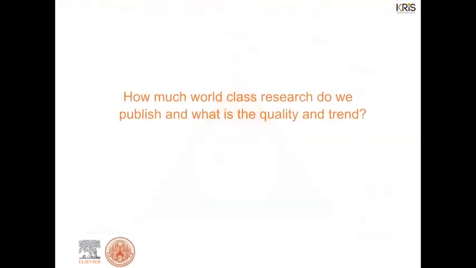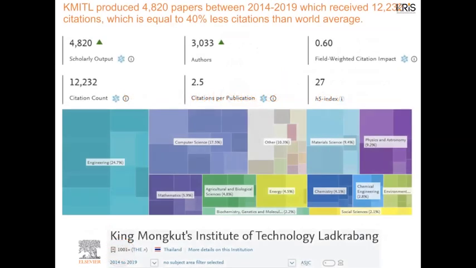Some of the key questions that SciVal and research metrics in general can help to answer are: how much world-class research do we publish, and what's the quality and trend? Based on SciVal, I see KMITL produced 4,820 papers between 2014 and 2019.